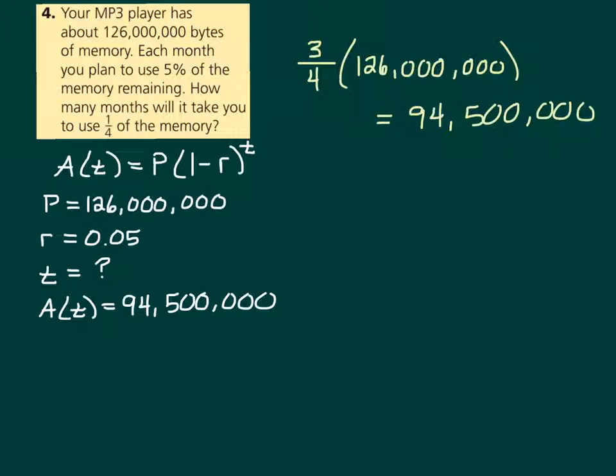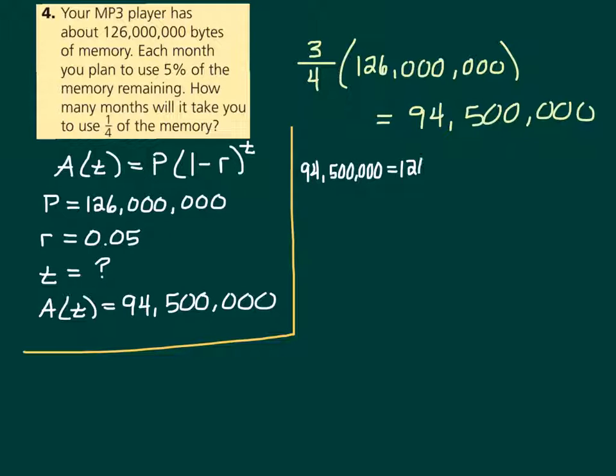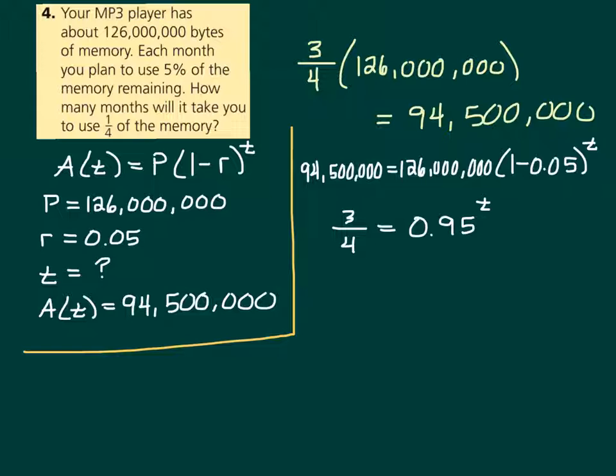And so the question is, how long does it take to get to this point? So we have 94,500,000 equals 126 million times 1 minus 0.05 to the t. Divide each side by 126 million, we get 3/4 equals 0.95 to the t.